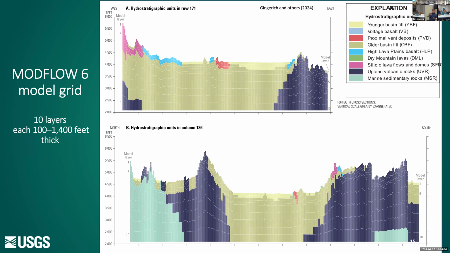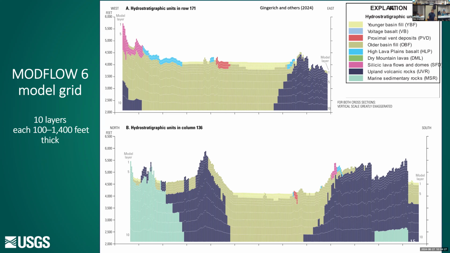It gives you a flavor of the depth of the model that we're looking at, down to a little higher than 2,000 foot elevation. So we've got 2 to 7,000 feet of aquifer that we're representing in this model. And you can see the 10 layers represented in there.